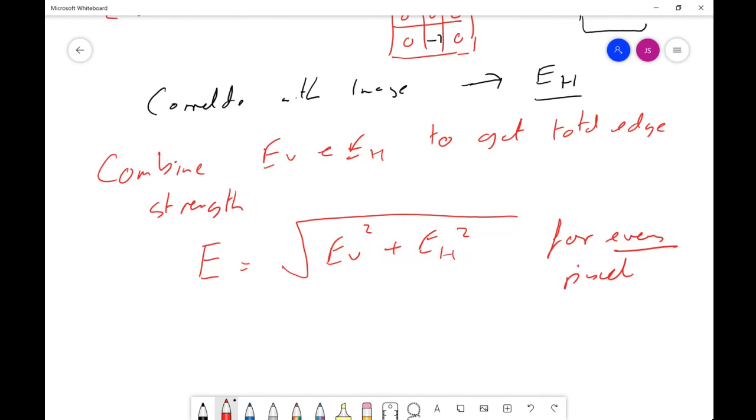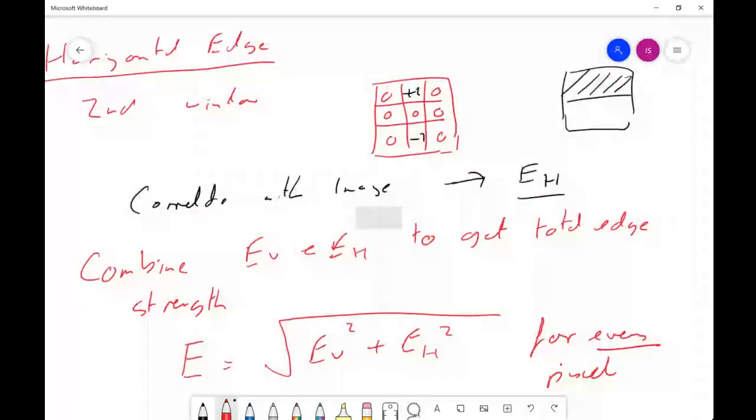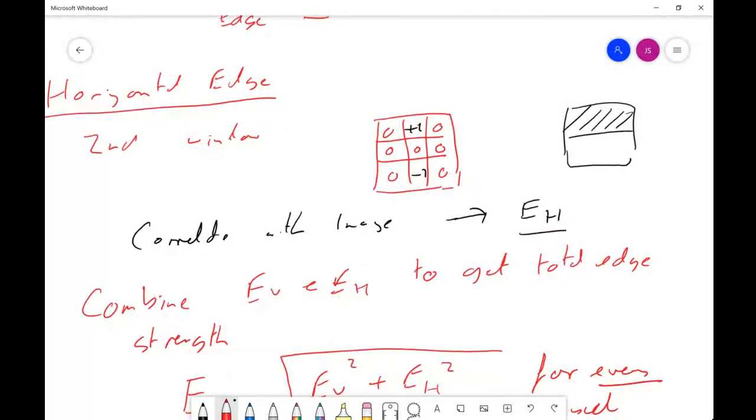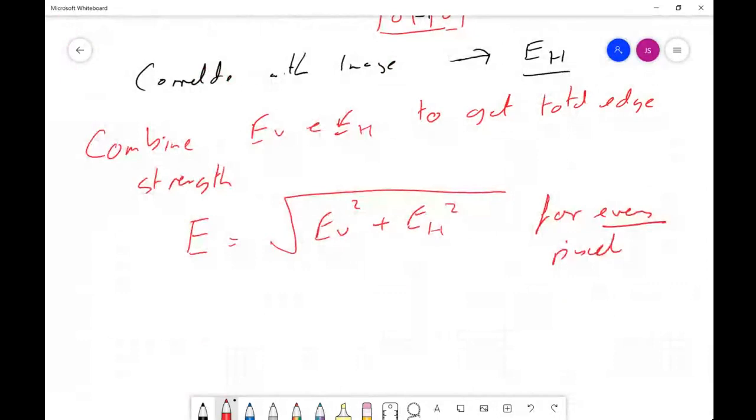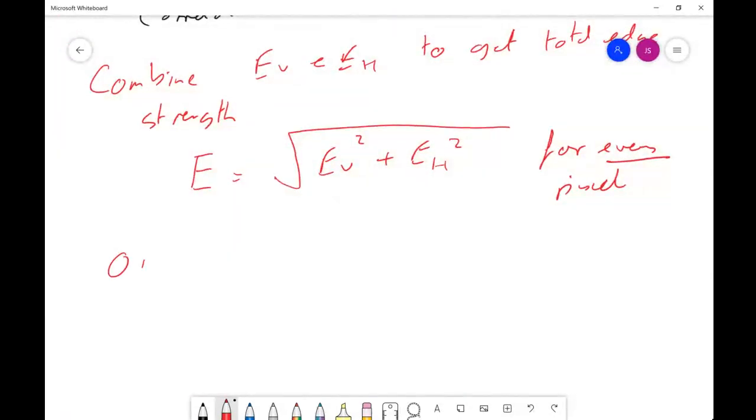That is essentially Pythagoras, or a simpler way of doing it, we can have E is equal to the mod of EV plus the mod of EH. And you've seen that sort of notation before in the approximate distances, so it's not a new concept, combining moduli to get the overall effect.